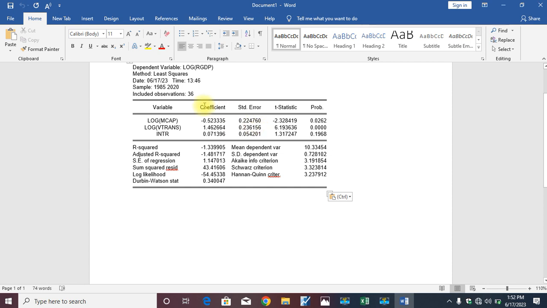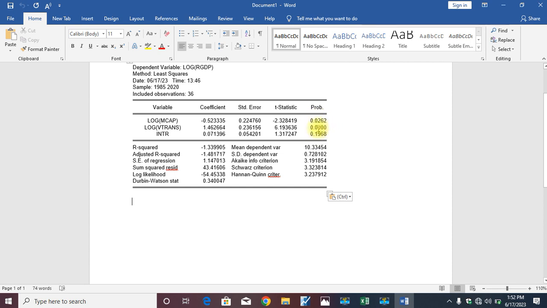That means whenever the value of transaction increases by 1%, it will have a 1.46 impact on the dependent variable, because the t-statistics is 6.19 and the probability value is less than 5%.